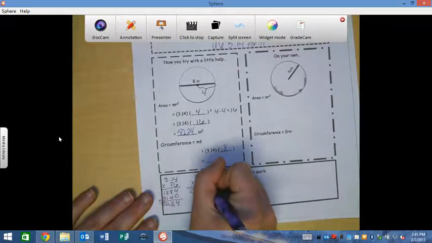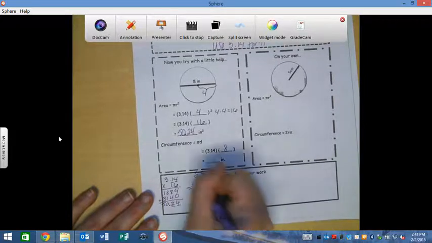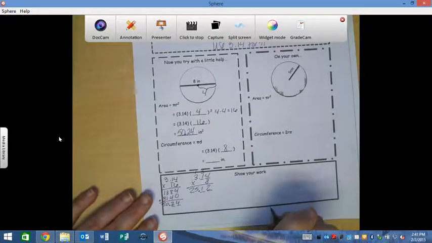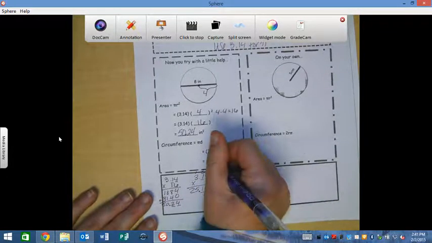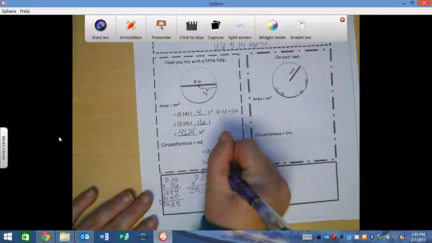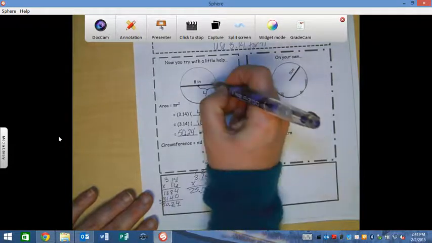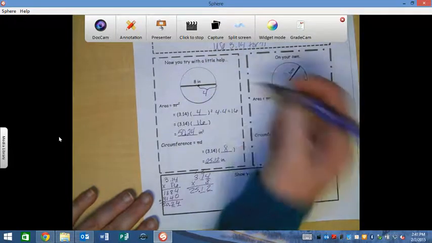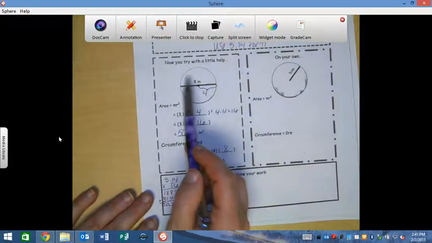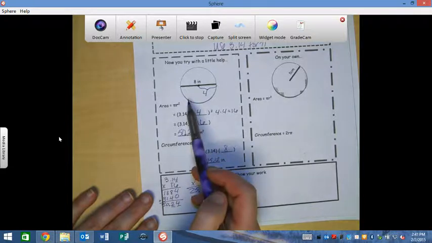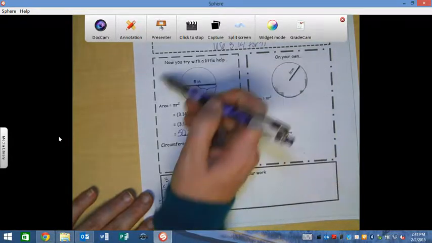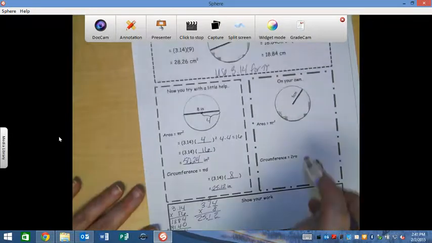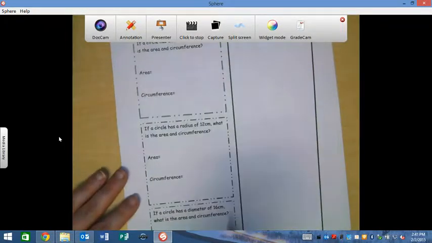Again, I have 2 decimal places in my problem, so I put 2 decimal places in my answer. Now remember, circumference is just how far it is all the way around the outside edge. So notice the area, that's all the inside, is larger than our circumference, which is all the way around the outside edge. So I'm going to leave this one and the 3 on the back.